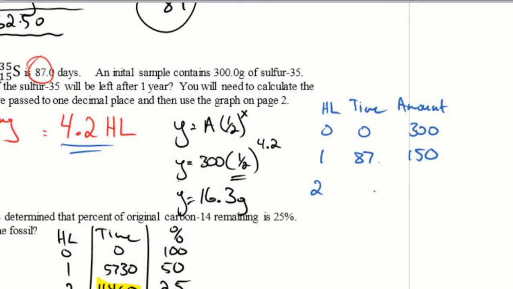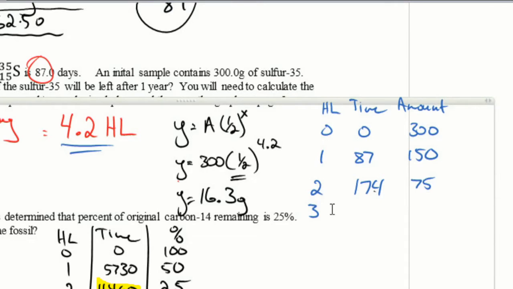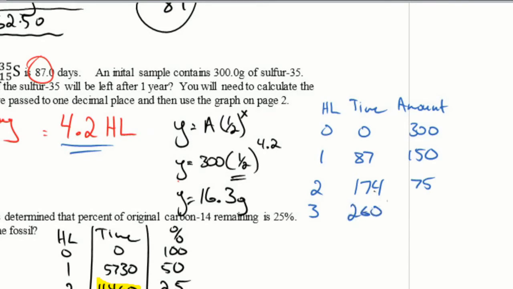No, I'm doubling it. 174 days, 75. This math is getting too big for my head. 174 plus 88, 260, so 260 days. 75 divided by 2 again is 37.5.